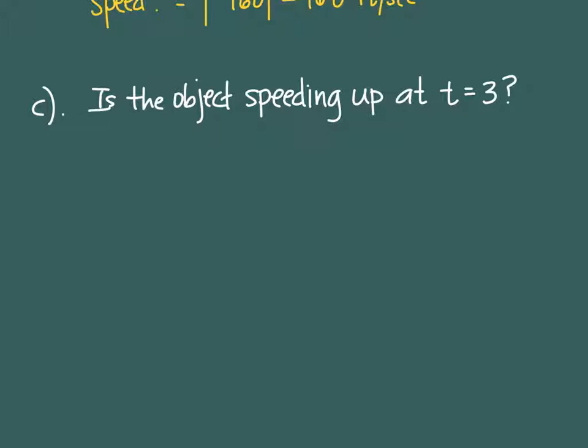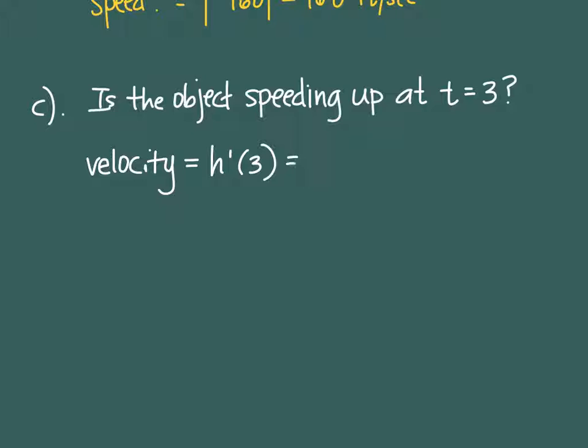The question of whether something is speeding up or slowing down deals with the comparison between velocity and acceleration. You have to check both. You have to check the velocity, you have to check the acceleration and see what those values both are. So we're going to do that to answer this question. So we need to check the velocity, h prime at 3.